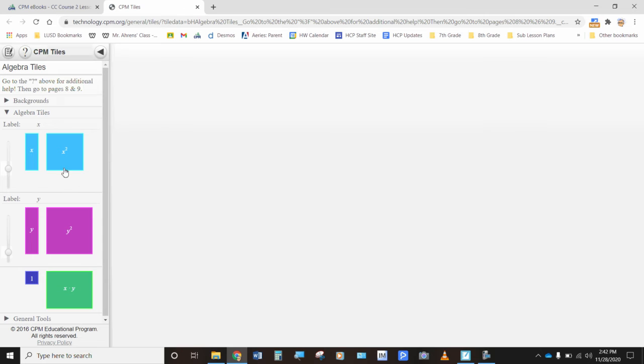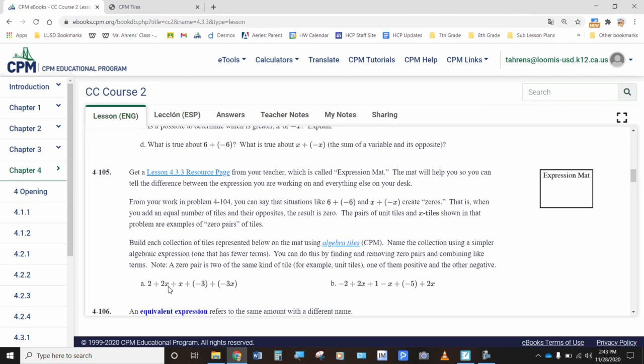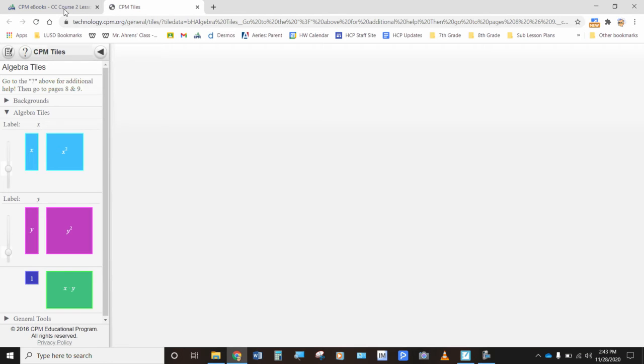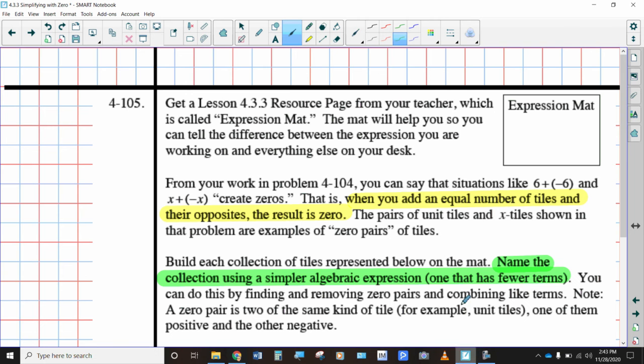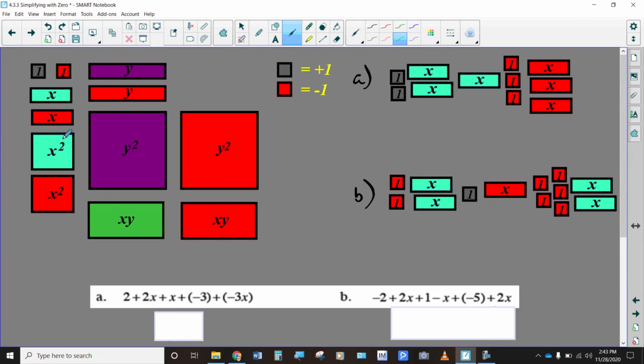Now we can pull these guys in here, manipulate these all we want. And if you decide, oh, I don't like those, just highlight them and hit the delete button and they can go away, and you can build these expressions using this tool, okay? I'm going to use what I like to use, and that is my software.